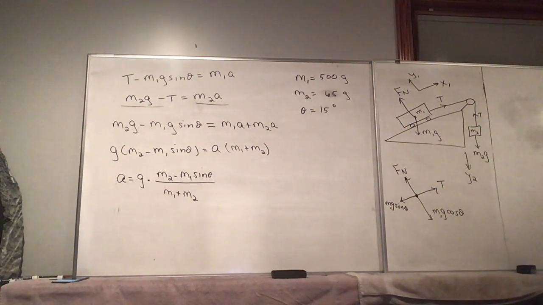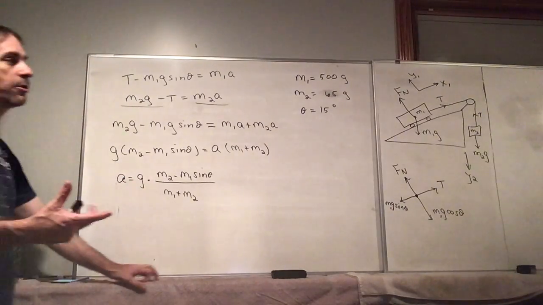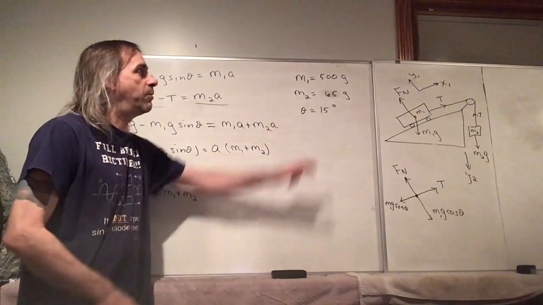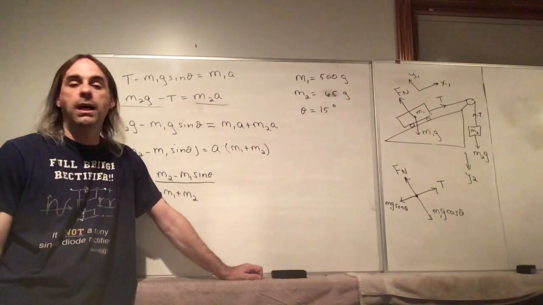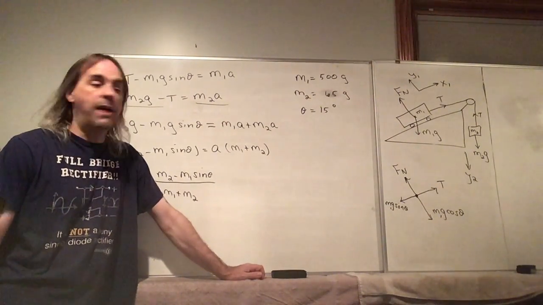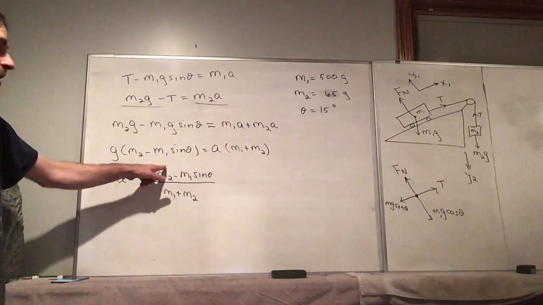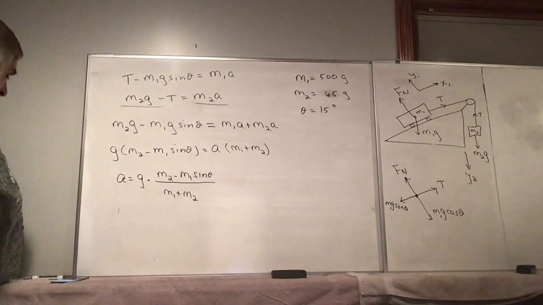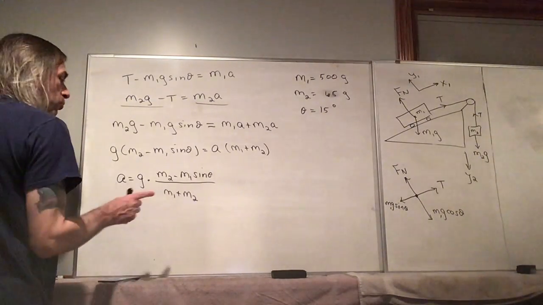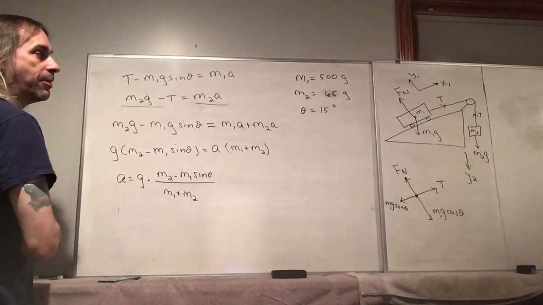But, yeah, so students very often ask, at this point, do we need to convert everything to kilograms because those are our basic SI units? No, we don't have to. Because if we just plug it in as it is, we're going to have grams divided by grams. That'll cancel out. So first, let's do m1 times sine of theta.